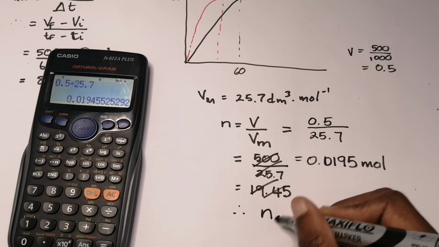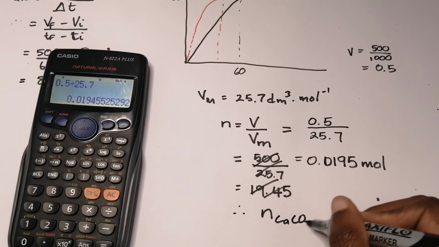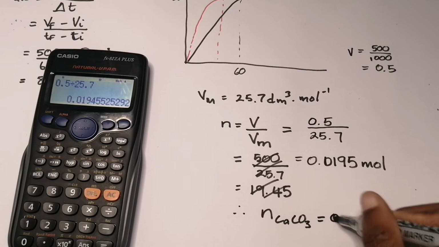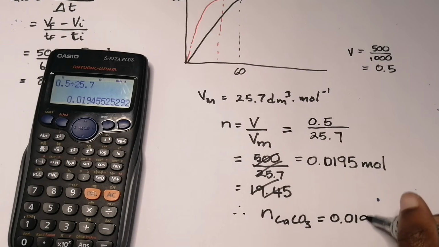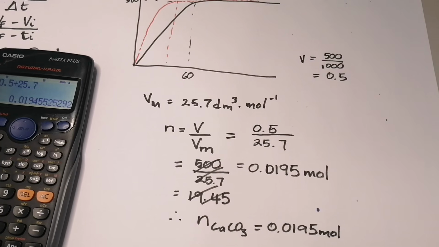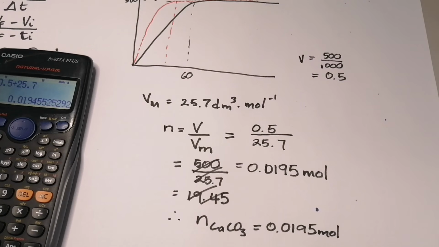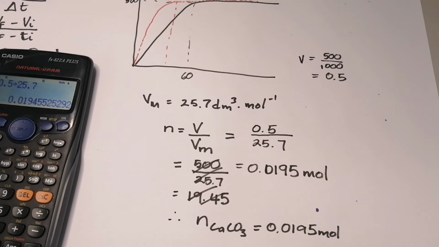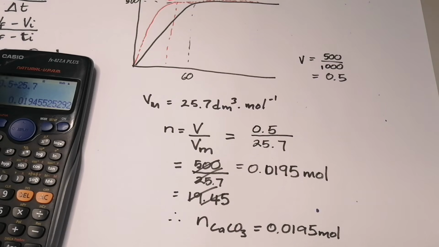So the number of moles of calcium carbonate would be equal to 0.0195 moles. Those are my moles for calcium carbonate, so they should be the same as the number of moles for carbon dioxide.